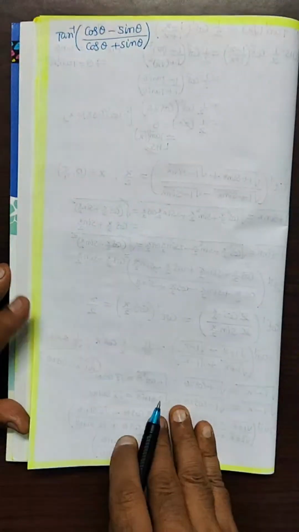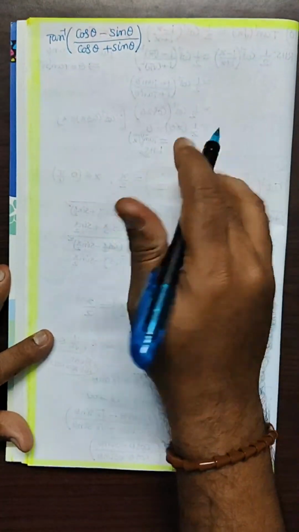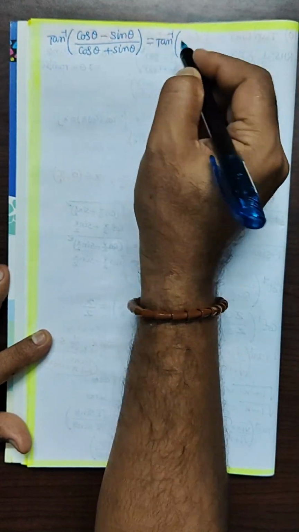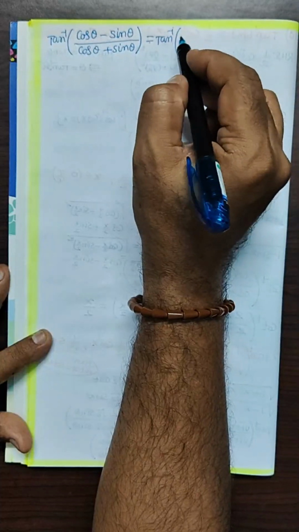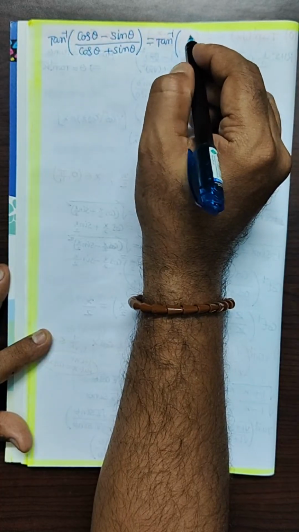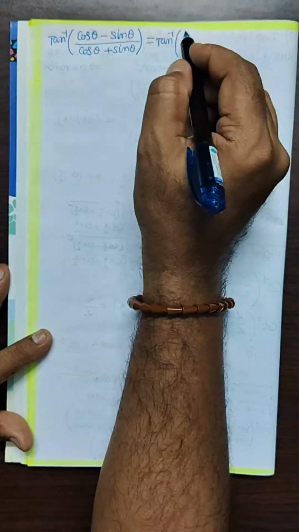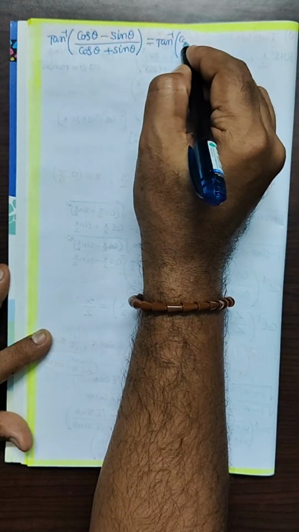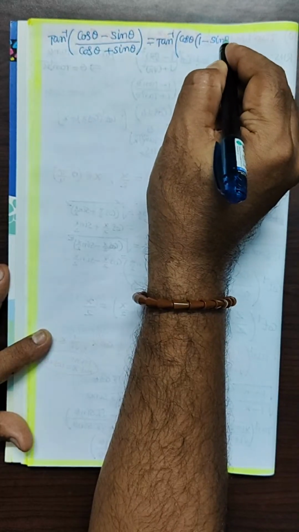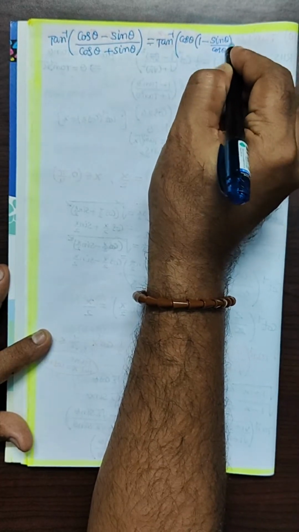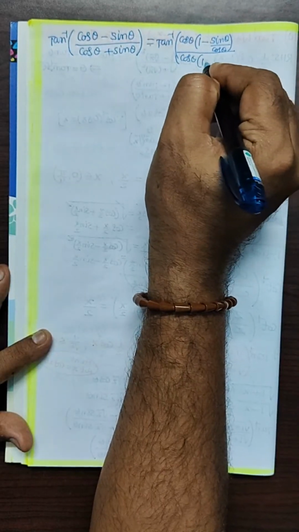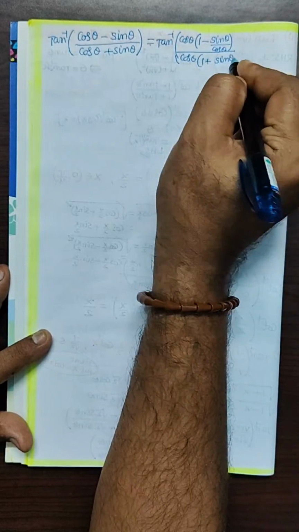So that only we got, dear students, which is equal to tan inverse of (cos theta minus sin theta) by (cos theta plus sin theta). We have a direct formula, otherwise take cos theta common from the numerator, 1 minus sin theta by cos theta, by cos theta taken common from the denominator, 1 plus sin theta by cos theta.